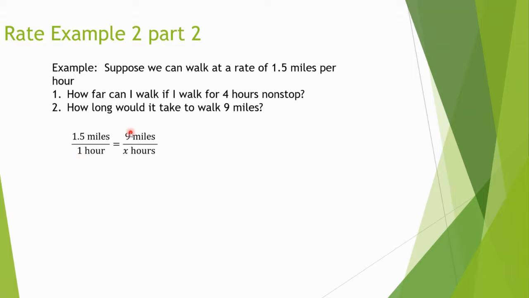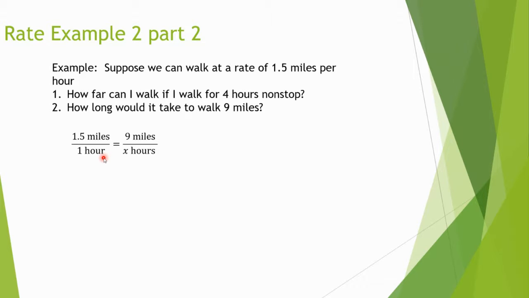Now we know we're walking 9 miles. We want to know how long is that going to take us? So the unknown is time with walking 9 miles. So it's just like before. We have two ratios, we get a proportion, and we solve for the unknown. So that's what we're going to do here.